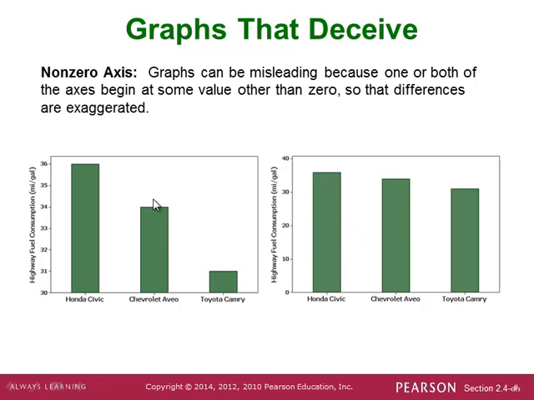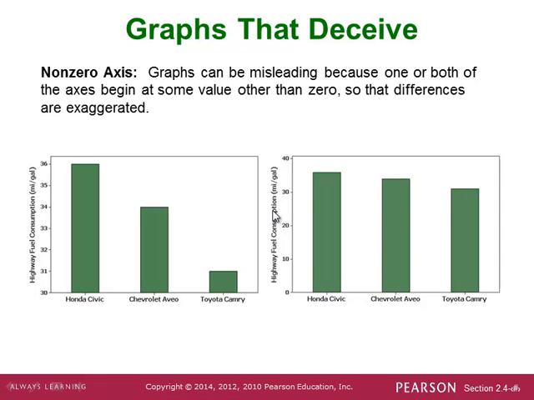Because when you're in the 30s, that fuel economy is still pretty good. So if you only want to focus on the differences between the three vehicles, then you could show it like this, but that's kind of misleading. It shows that the Toyota Camry really has terrible fuel economy relative to the Chevrolet Aveo, when in reality it's only off by 3 miles per gallon.